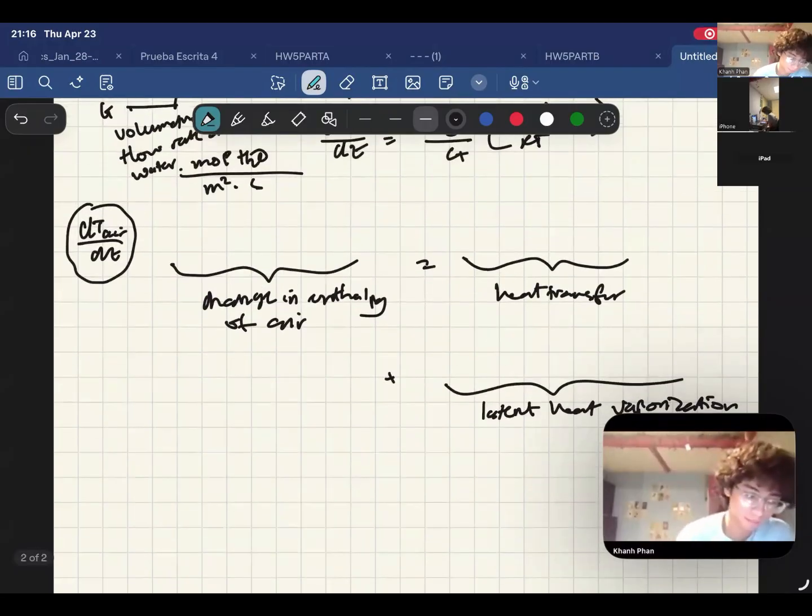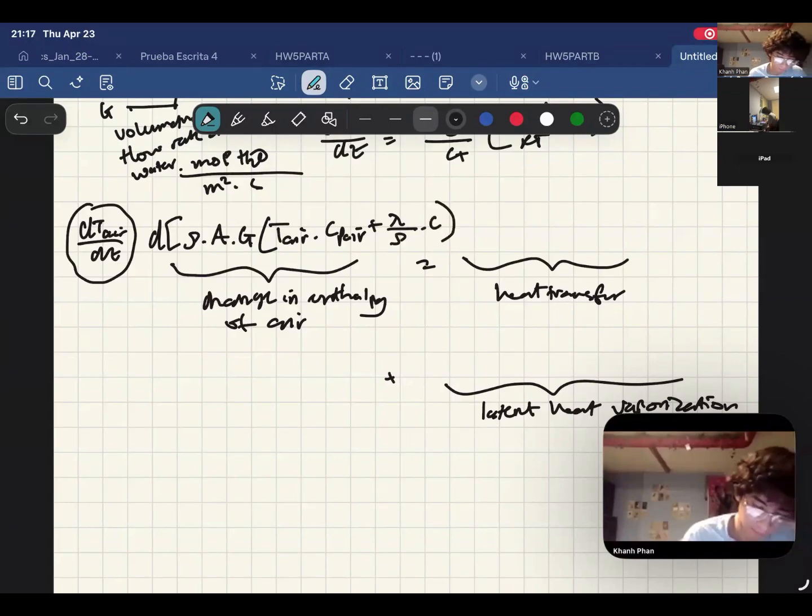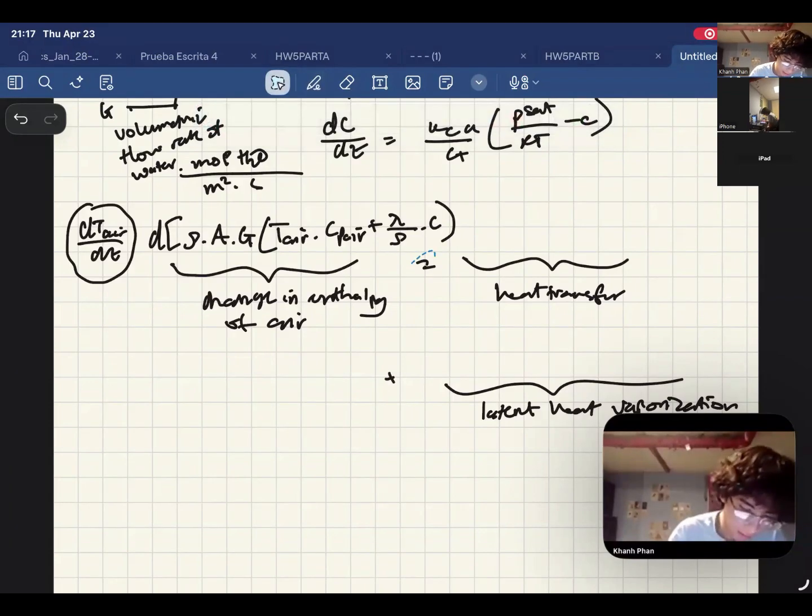So first on the left hand side, we would have derivative of rho times area times volumetric flow rate times temperature of air times heat capacity of air plus lambda over density times concentration. And so that's for the left hand side.